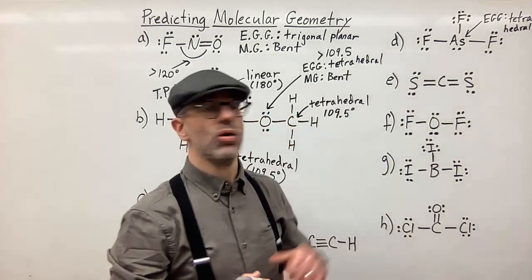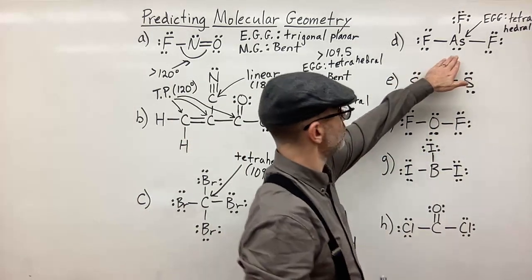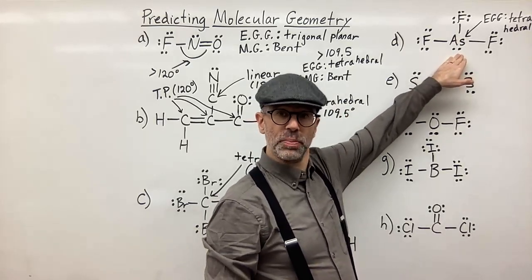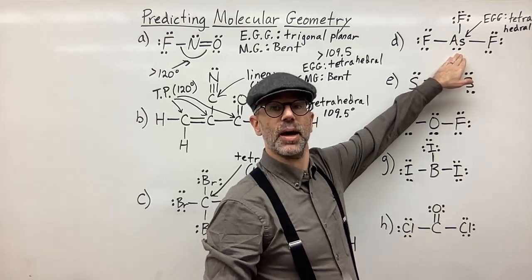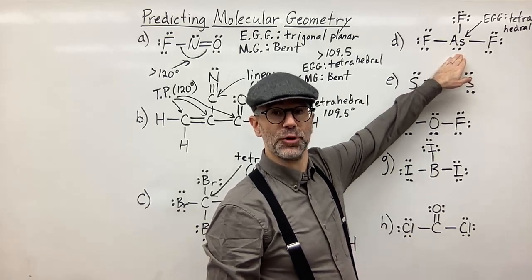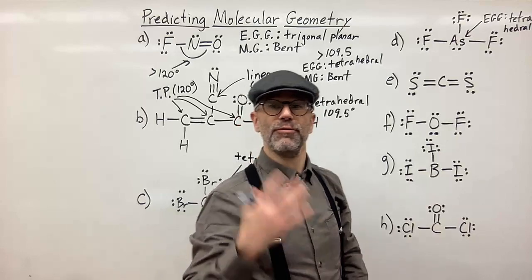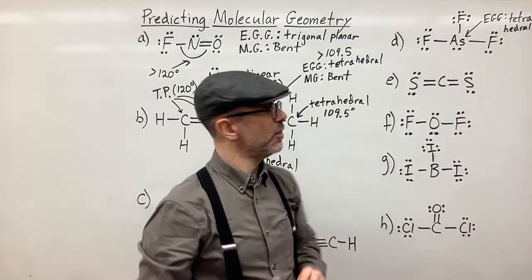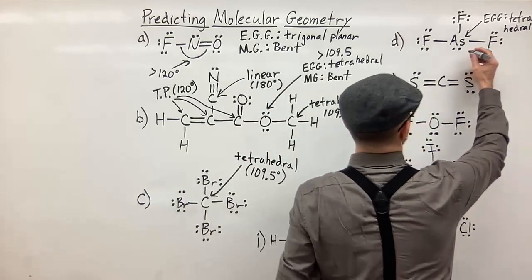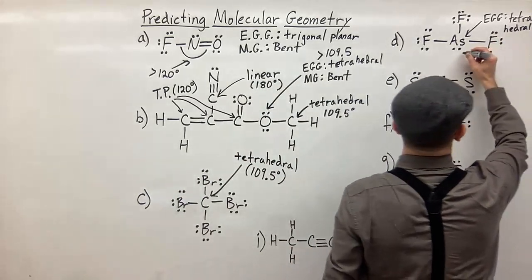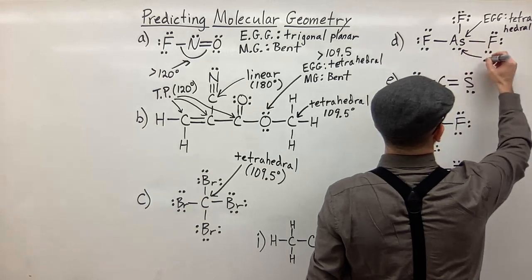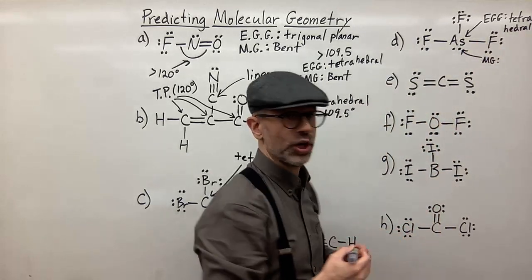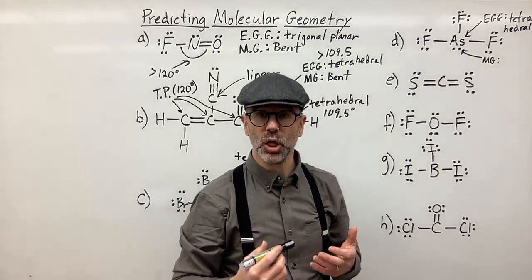Okay, but one of my electron groups is a lone pair, so that means the molecular geometry is going to be different. And according to your chart, if you have 4 total groups and one of those groups is a lone pair, then the molecular geometry is going to be trigonal pyramidal.